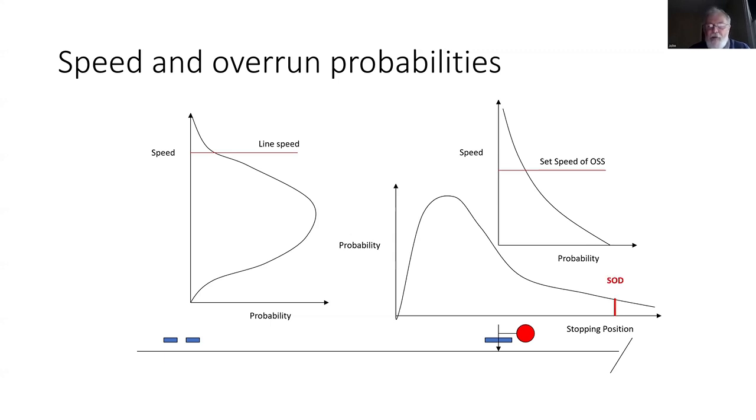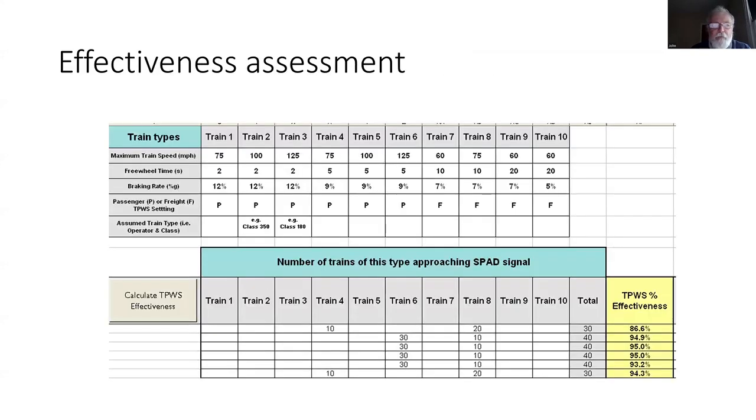And if we now establish where the safe overrun distance is, then the effectiveness of the TPWS in managing particular SPADs is the area under the probability curve up to that safe position. And that can be calculated for each of the individual trains and then added together for the train service.